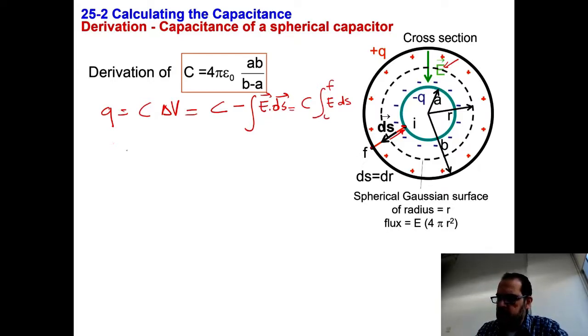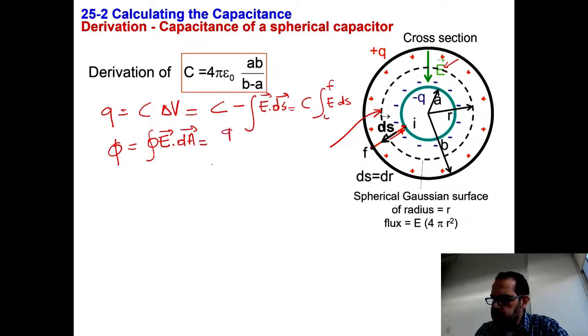So let's use Gauss's law. For example, this is our spherical Gaussian surface of radius r. We can write the flux is E dotted with A, which is equal to the charge enclosed divided by epsilon 0.